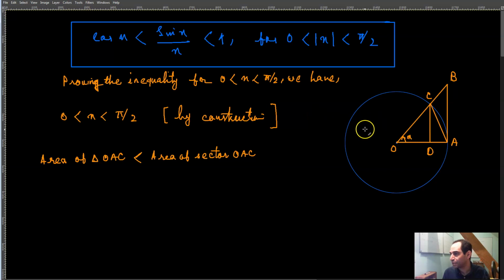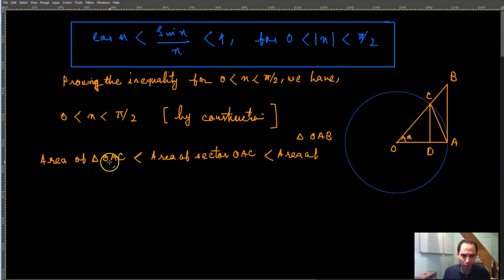And then you can say that all of these are less than the area of the triangle OAB. Triangle OAB would be this large triangle over here.